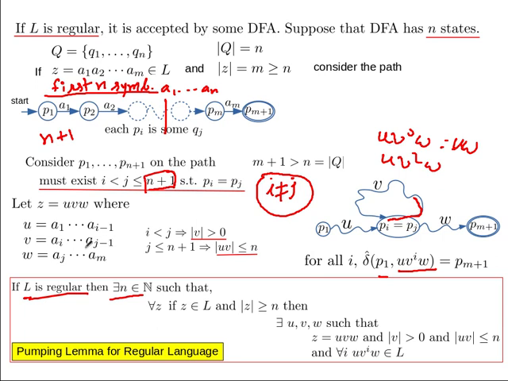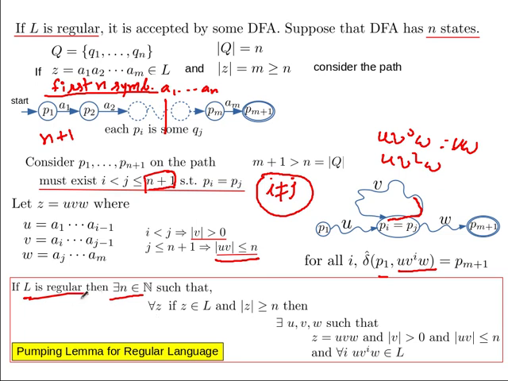So up to this can be at most n. After processing j minus 1 symbols, you reach Pj, so UV together is a1 up to a_(j-1), and j is less than or equal to n plus 1, so this can be at most n. So this is also satisfied.